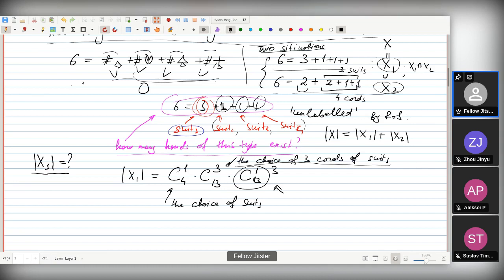Is it clear? Yes. Or better, jack of spades or jack of clubs. So this stands for the choices of cards of suits from 2 to 4. Is it clear?